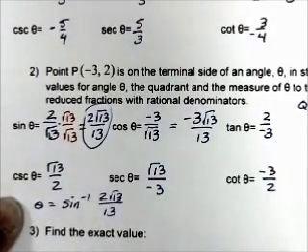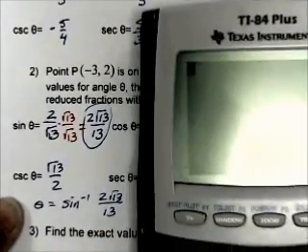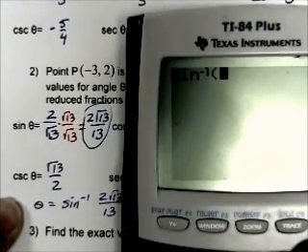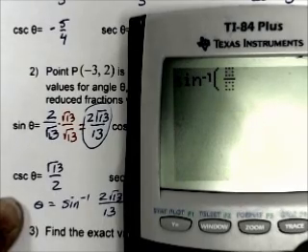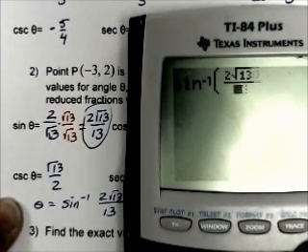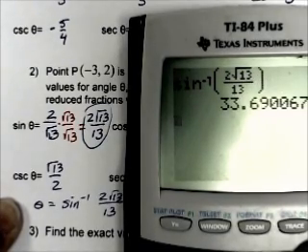All right, so we go to the calculator. Sine inverse, that's second sine. And I suppose I'll key it in as a fraction. 2 square root of 13 over 13. To the nearest degree, that would be 34 degrees.